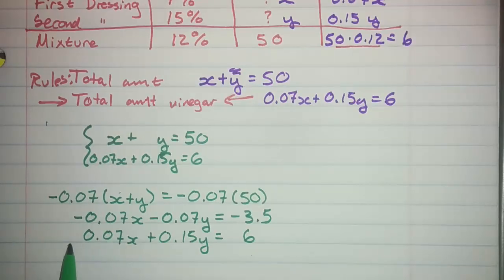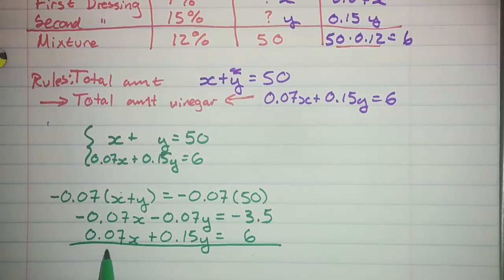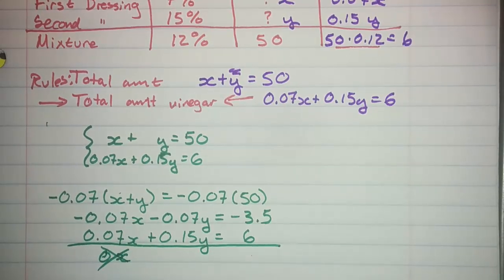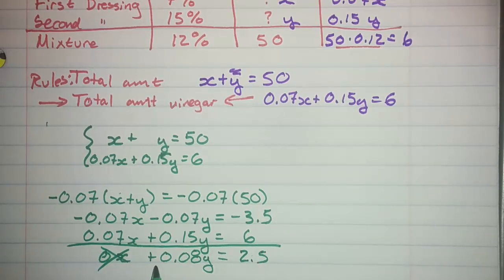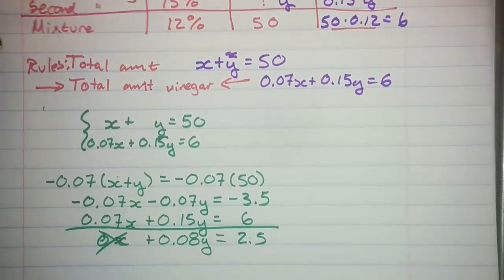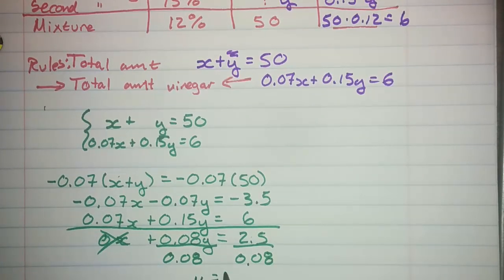Add together the left-hand sides. I get 0x, that's eliminated. 0.08y equals 2.5. All right, divide both sides by 0.08. I get y equals 31.25.